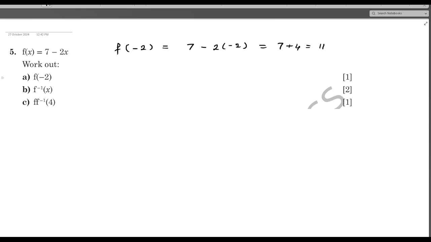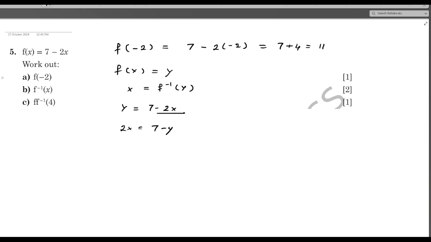Then f inverse x. So again, your f(x) is equal to y. Then your x is equal to f inverse of y. So if I make x the subject, I will say that y is equal to f(x), which is y equal to 7 minus 2x. Now 2x will be equal to 7 minus y.